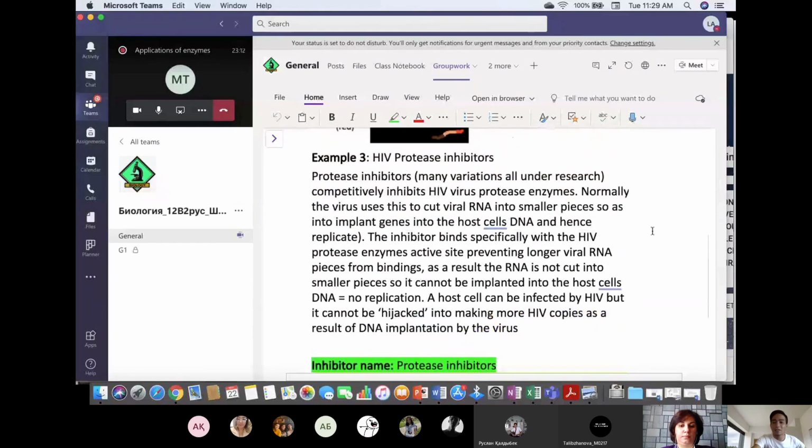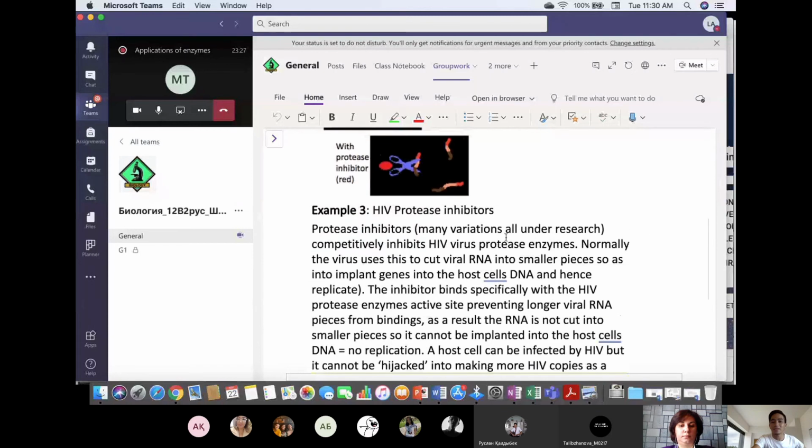In viruses, they make use of enzymes, protease, in order for them to replicate or reproduce themselves. So what happens is if a person is infected with HIV, that person is treated with this drug, which contains the protease inhibitor.